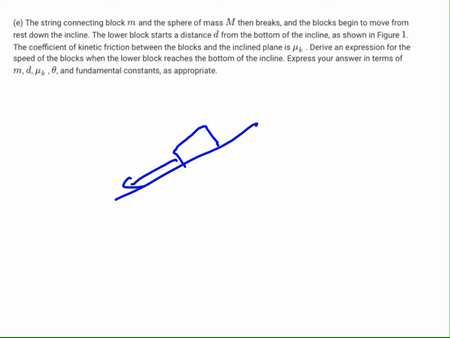So the acceleration acting on these guys is going to be based off of F equals MA. Now that they're going downhill, let's for the hell of it let the acceleration downhill be positive.